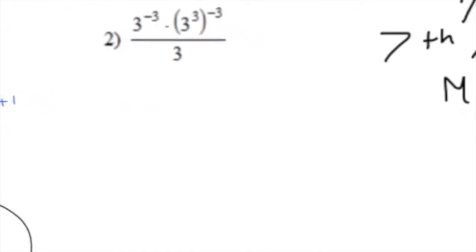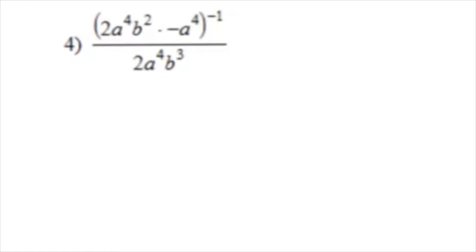Number 2. 2a to the fourth b to the second times negative a to the fourth, all to the negative first, all over 2a to the fourth b to the third. So you would distribute this to the 2, the a, the b, and the a. But before you do that, you could move the negative over here, and it would still equal the same thing.